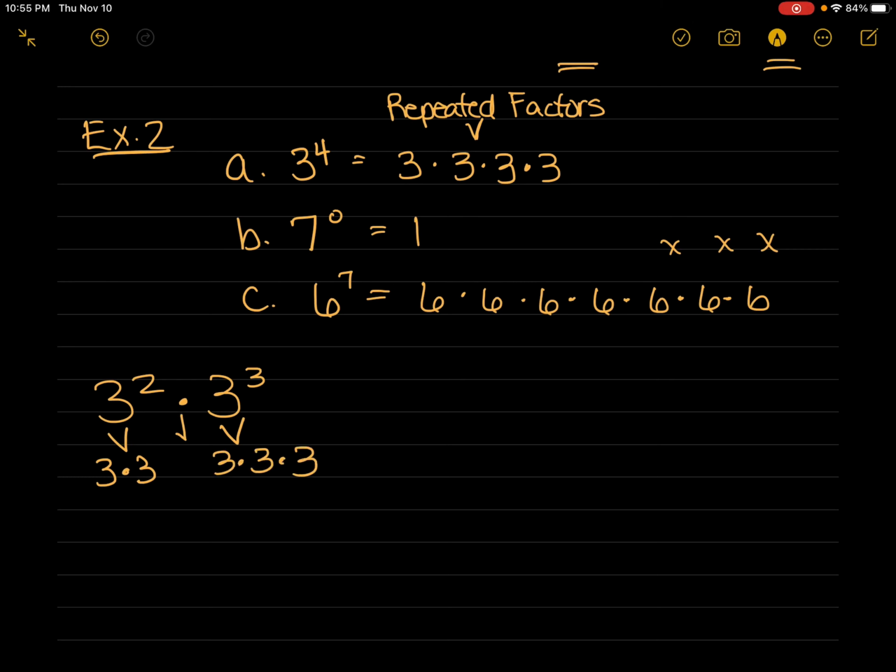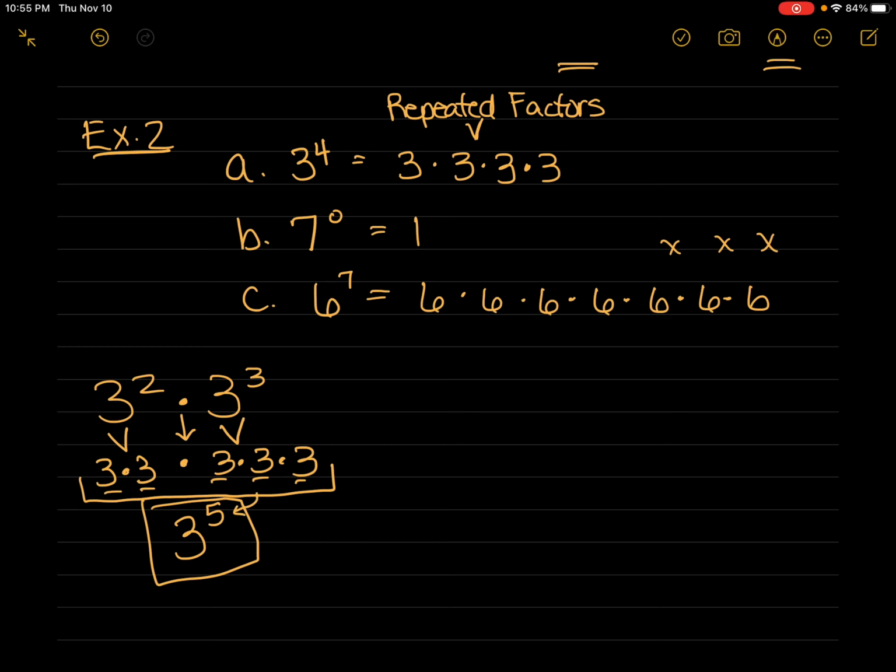And then we bring down this times sign. And now I'm going to put all of these together. So 3 squared times 3 cubed is going to equal 3 to the 5th power. Okay, because we just counted these. 1, 2, 3, 4, 5. And however many there are is your exponent.